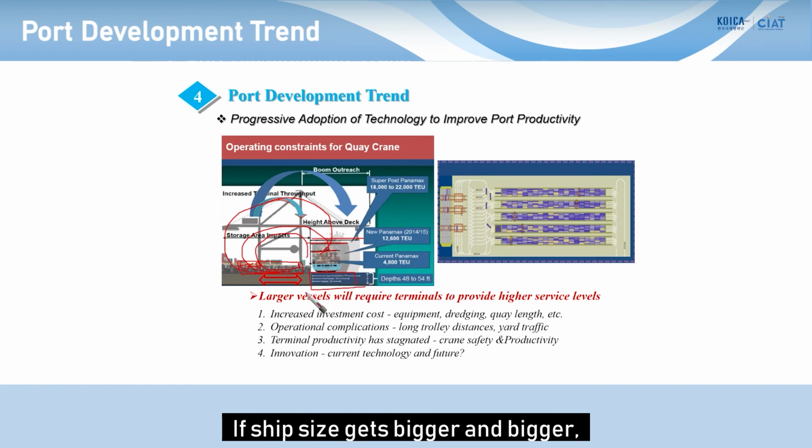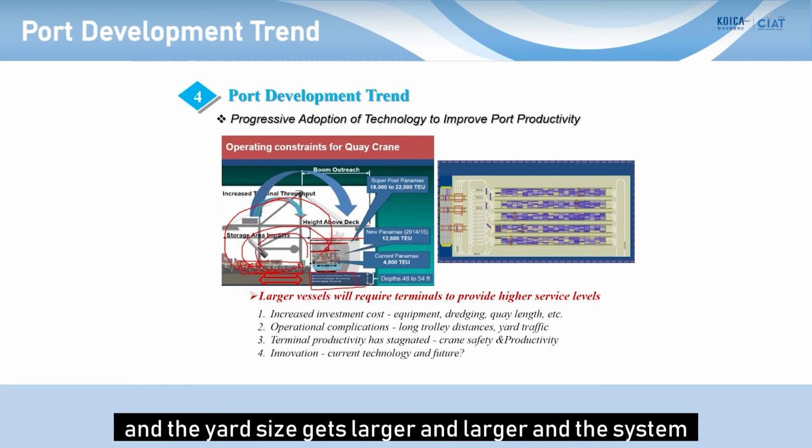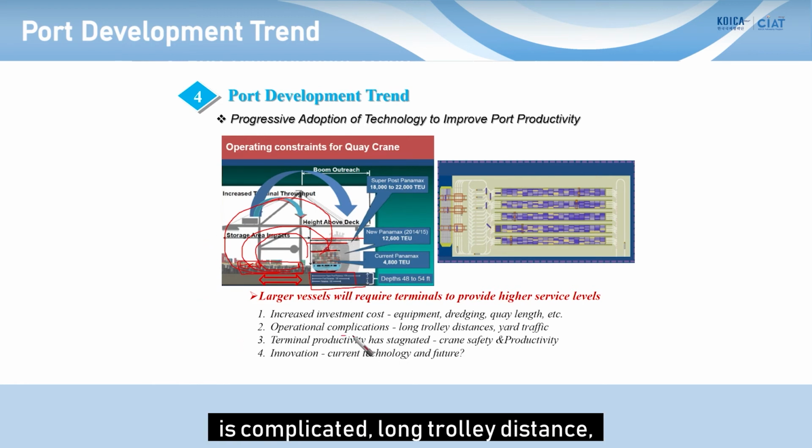If the ship size is bigger and bigger, the crane size is bigger, and the yard size is larger and larger, and the system is complicated. The long trolley distance, the yard traffic volume will be increased.